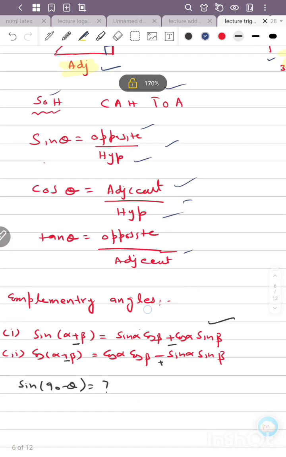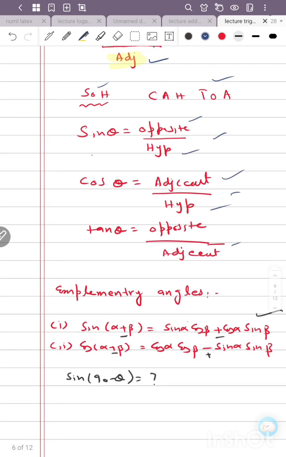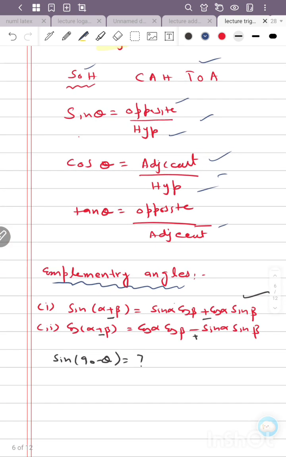After this, we have to discuss the complementary angles and memorize the complementary angle formulas. We have a formula: sine of alpha plus beta equals sine alpha cos beta plus cos alpha sine beta.